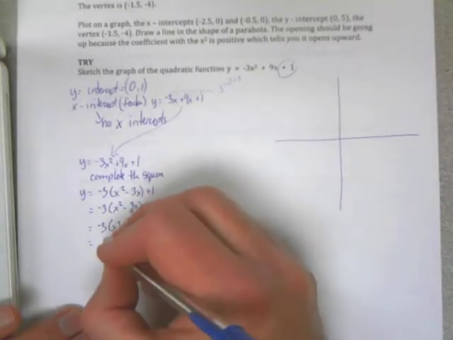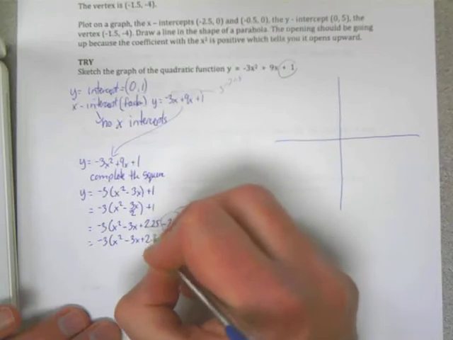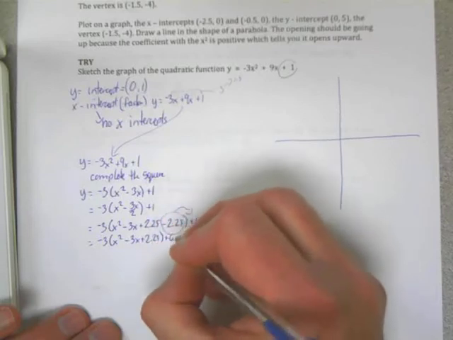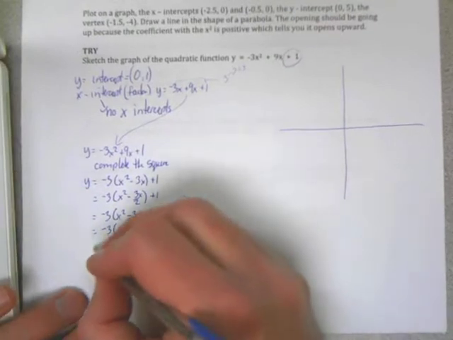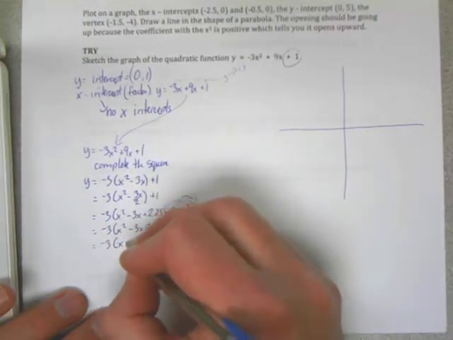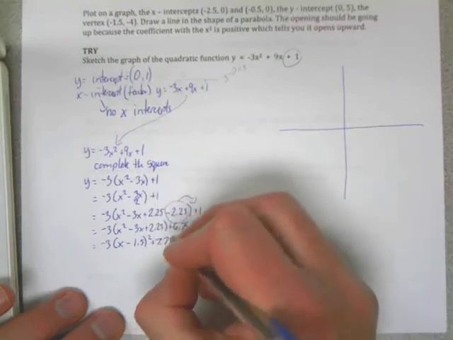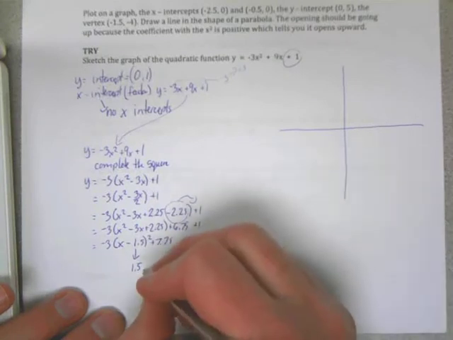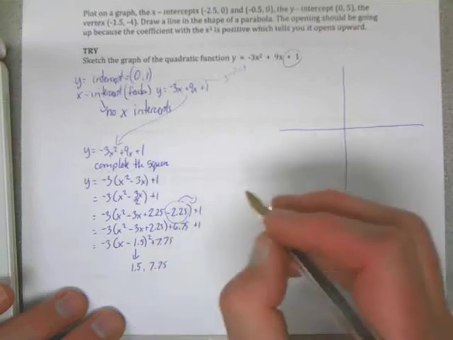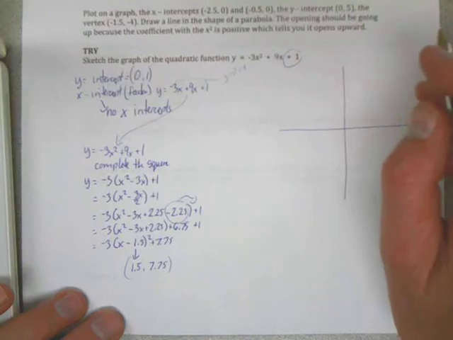So I get negative 3 times x squared minus 3x plus 2.25, plus 6.75 plus 1. This is going to be equal to negative 3 times x minus 1.5 squared plus 7.75. So there's my vertex. It is 1.5 and 7.75. So that's where it hits on that line.